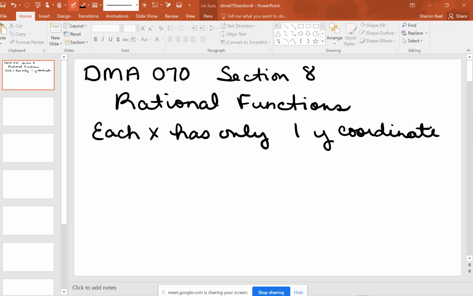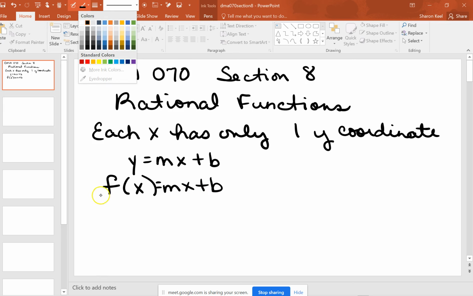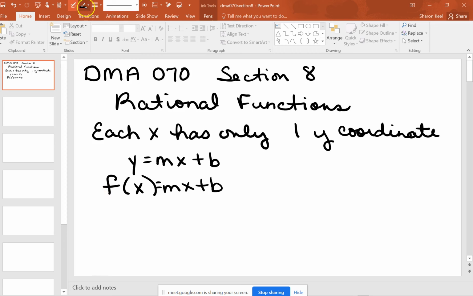Function notation: if you think back to DMA 50, we had y equals mx plus b for a linear equation. When we do function notation, we write f of x equals mx plus b. So what we do in function notation is we substitute the y with f of x.